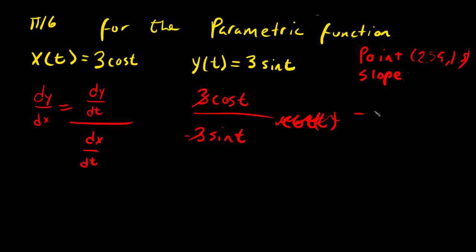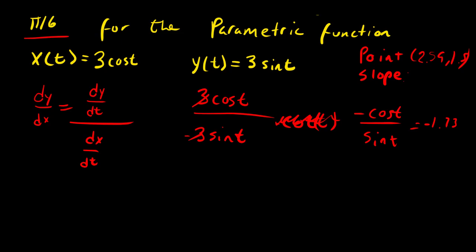So it's just going to be negative cosine t over sine t. And since we want to find it at pi over 6, we just plug in pi over 6 for these. So let me get a calculator for that. Negative cosine pi over 6 divided by sine pi over 6. This is equal to negative 1.73.